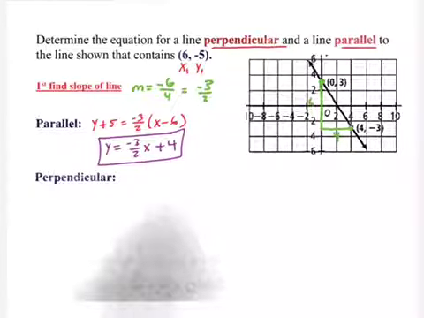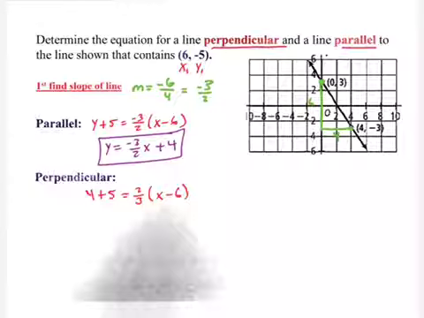For perpendicular, I know I need to change the slope, so instead of using -3 over 2, I'm going to use a positive 2/3. So when I set up my equation, I've got y plus 5 equals 2/3 (x minus 6).